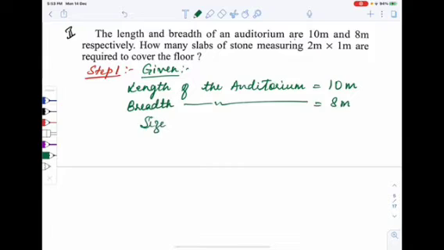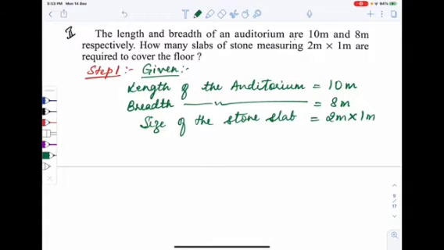Now, size of the stone slab is equal to 2 meters into 1 meter. This is the given statement.